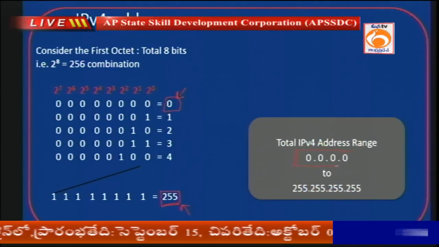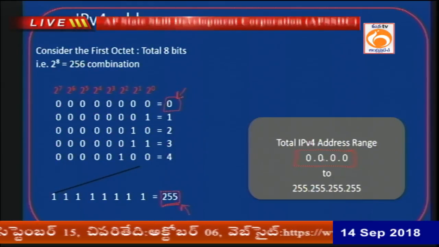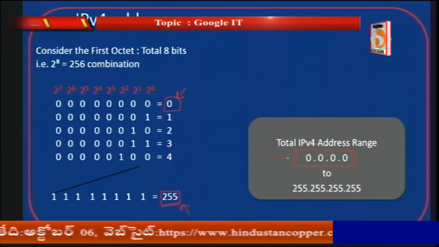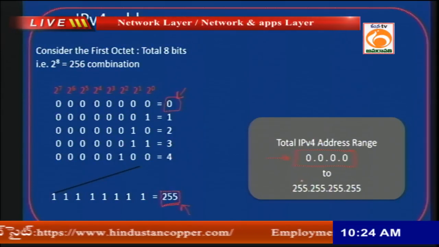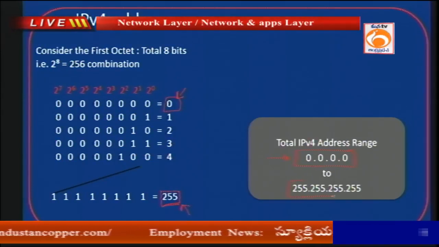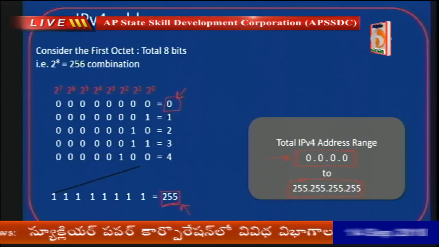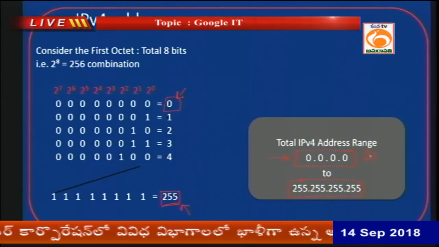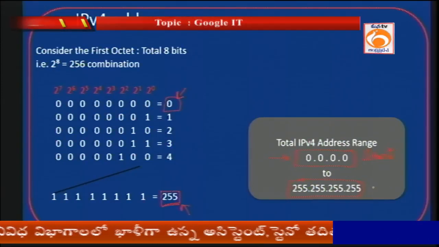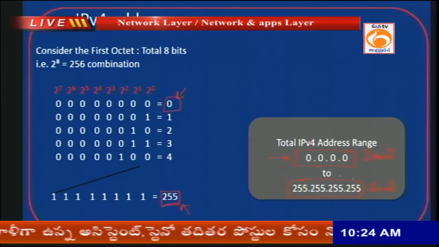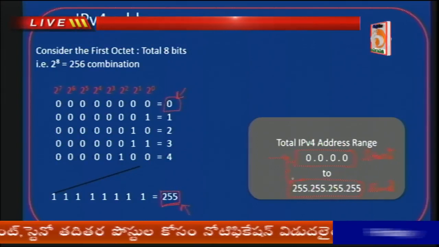The starting IP address will be 0.0.0.0, and it goes on up to the last address, which is 255.255.255.255.